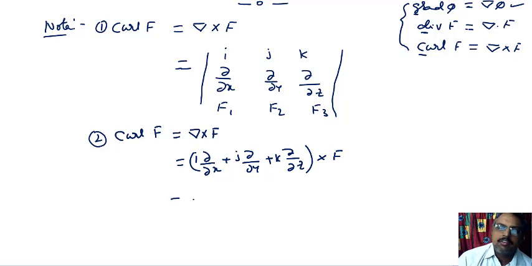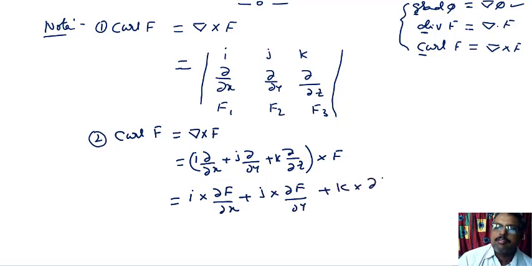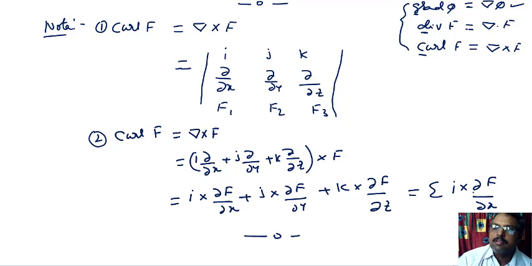This is nothing but i cross dou f by dou x plus j cross dou f by dou y plus k cross dou f by dou z. Simply it can be written as sigma i cross dou f by dou x. This notation is very useful for proving the vector identities in the next concept.